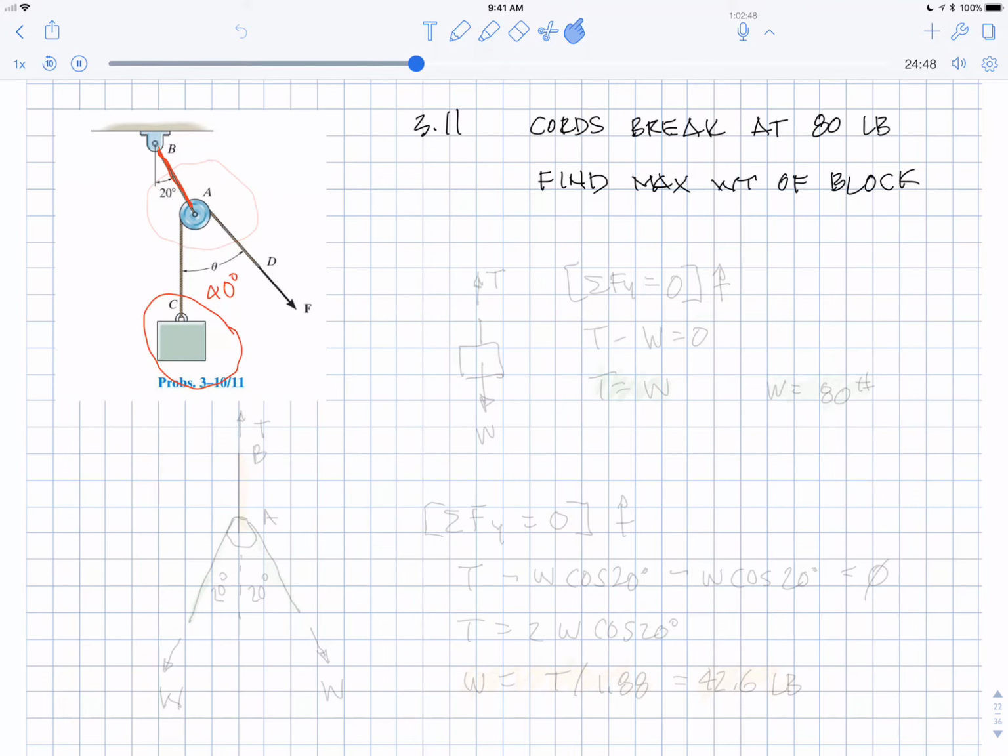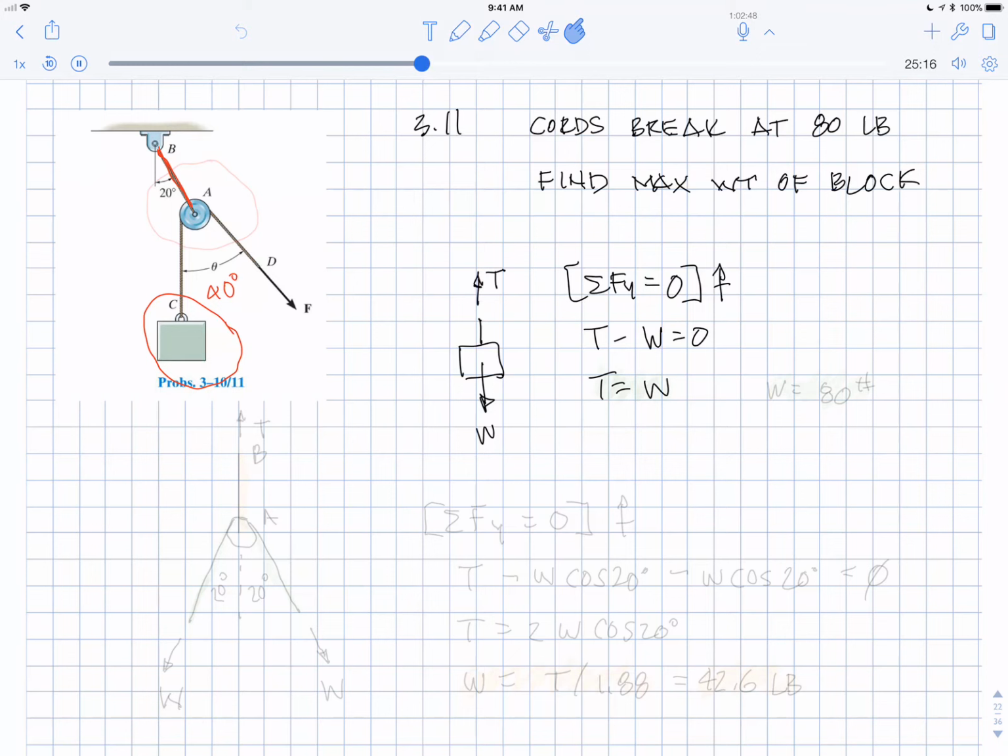And so what we have there is the block with a weight W and this rope. The W is inside the loop. We've cut through the rope. So you draw that in, unknown tension. We'll do sum Fy equals 0, up as positive. So that equation is T minus W equals 0, or T equals W.